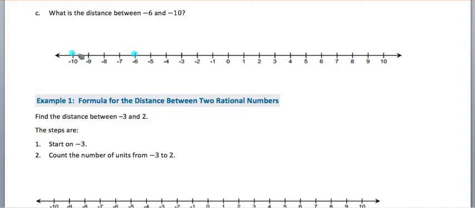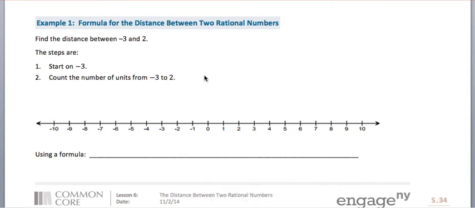Now we use that information to develop a formula for distance. To find the distance between -3 and 2, we would first start on -3 and then count the number of units from -3 to 2, which we find is 5.